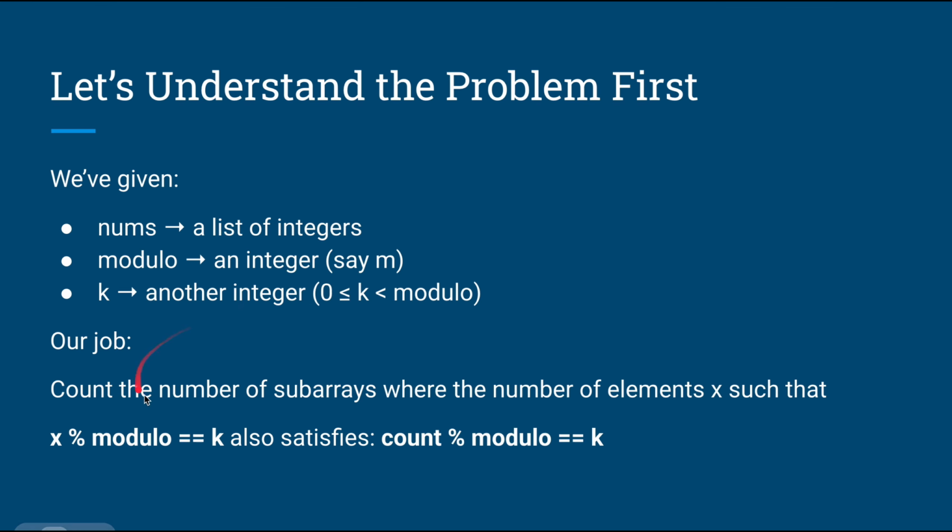Our job is to count the number of subarrays where the number of elements x such that x modulo m is equal to k also satisfies count modulo m equal to k. If either of these is satisfied, then together they are satisfied.